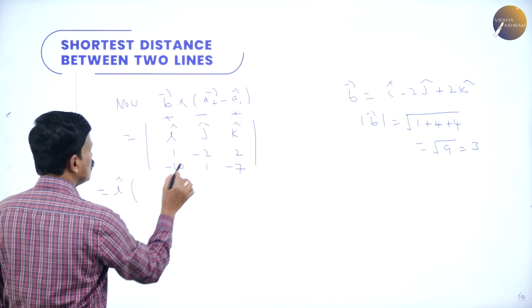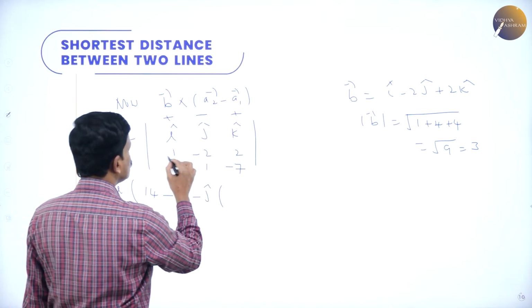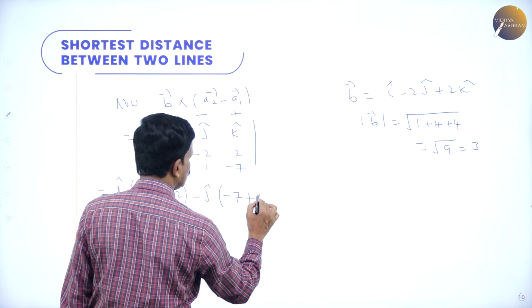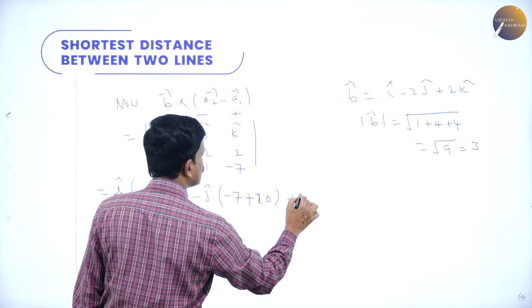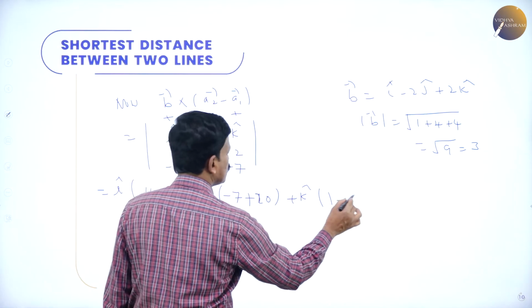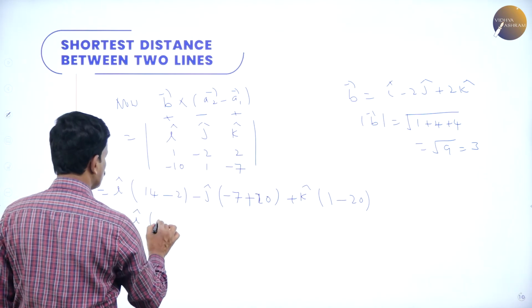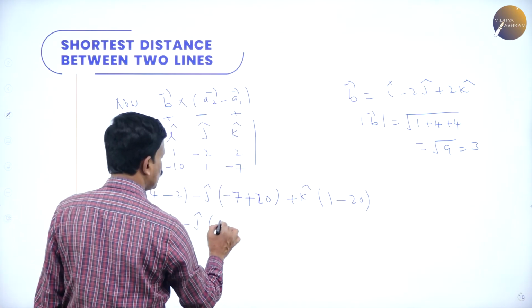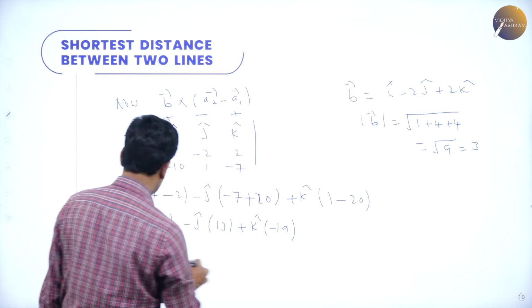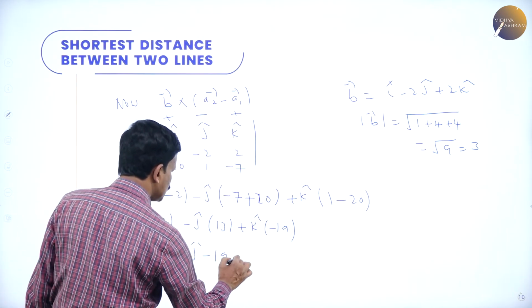This is i into (14 − 2), minus j into (−7 + 20), plus k into (1 − 20). So this is 12i − 13j − 19k.